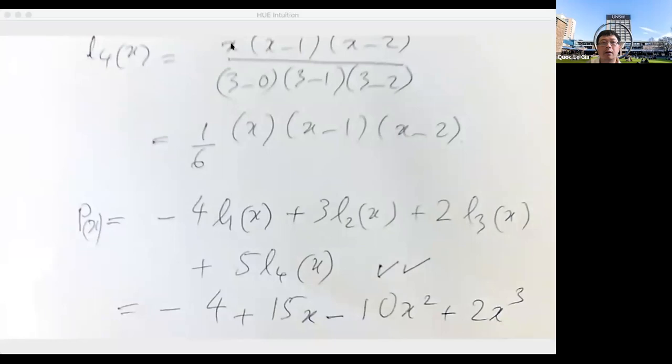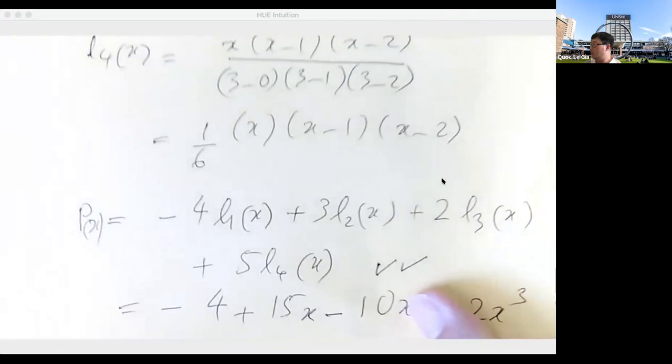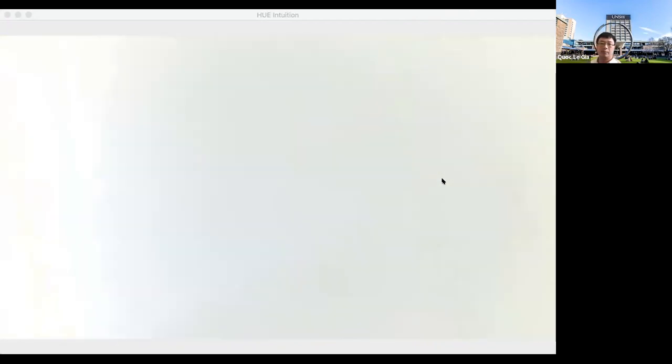And now how about the Newton form? So now let me work on the Newton form. So for the Newton form, first you have to construct a divided difference table.